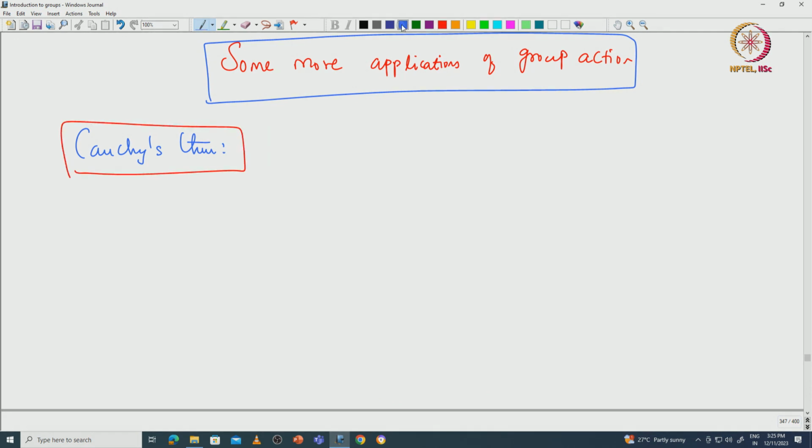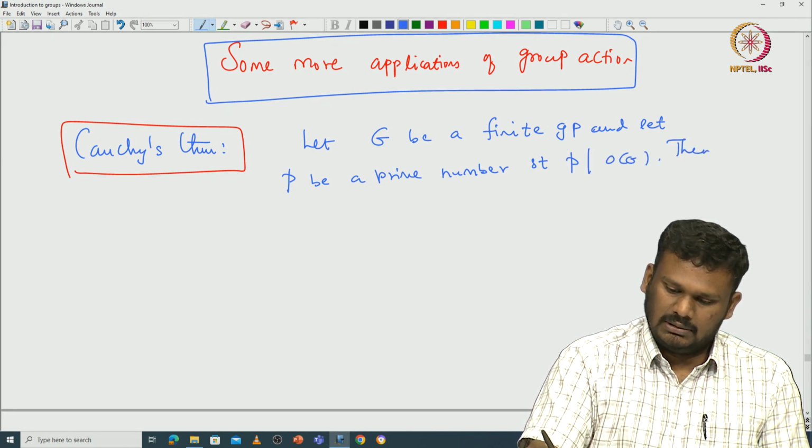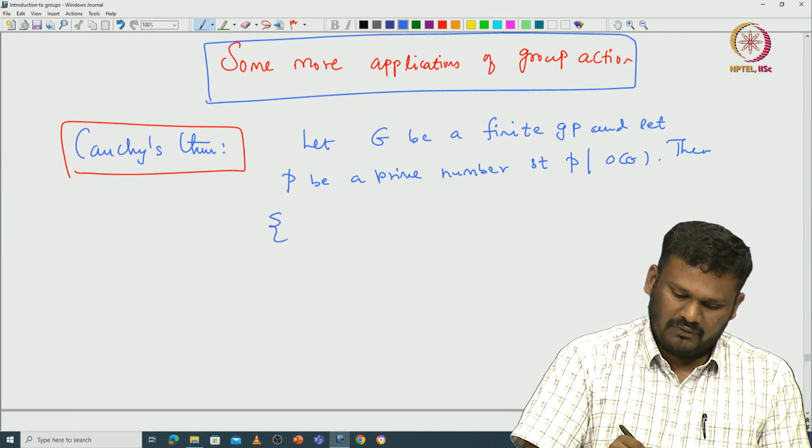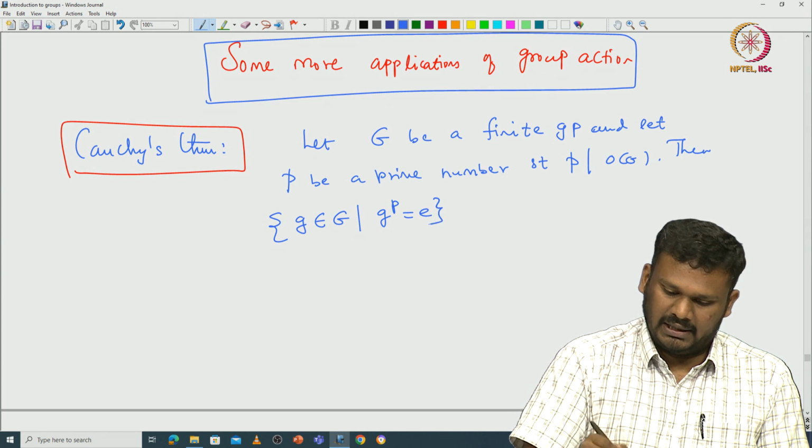Okay. So, let G be a finite group and let P be a prime number such that P divides the order of G. Then, let us look at all those elements g in G such that g^P is identity.